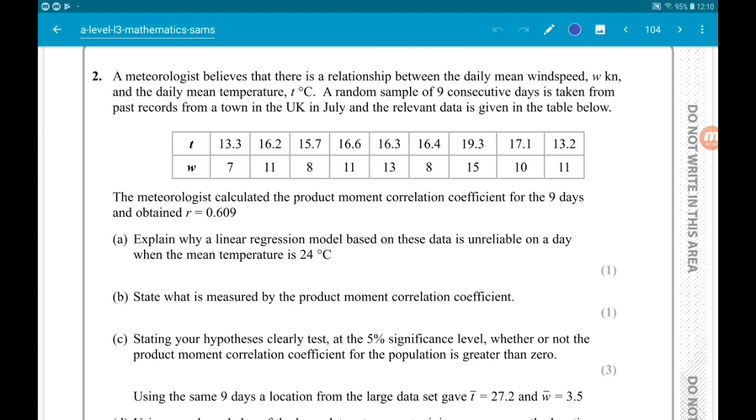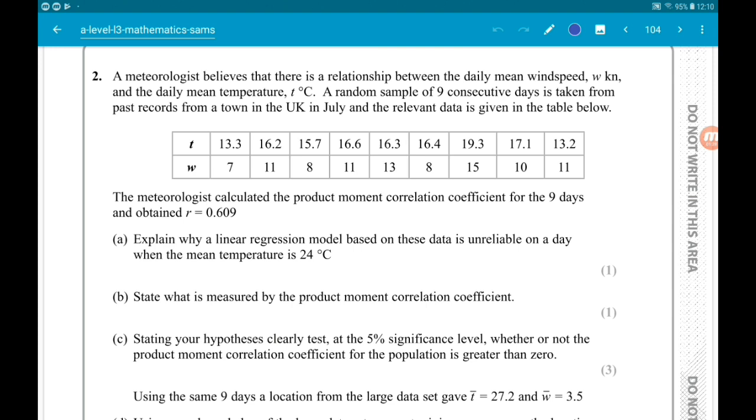So, assumption is the mother of all mistakes, so we can't just assume that the model would work for any values. So really there you'd want to say 24 is far above any data given in the table, so the model would be unreliable.